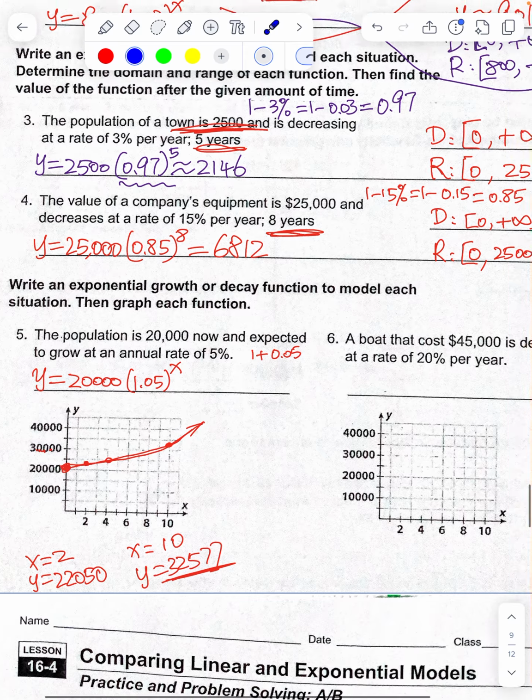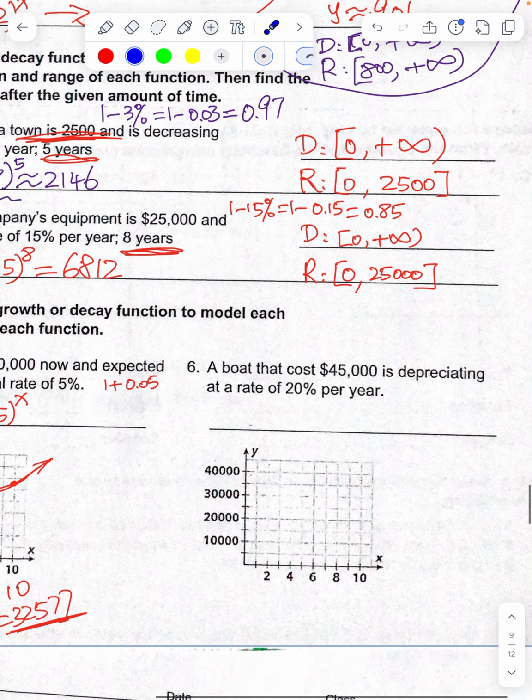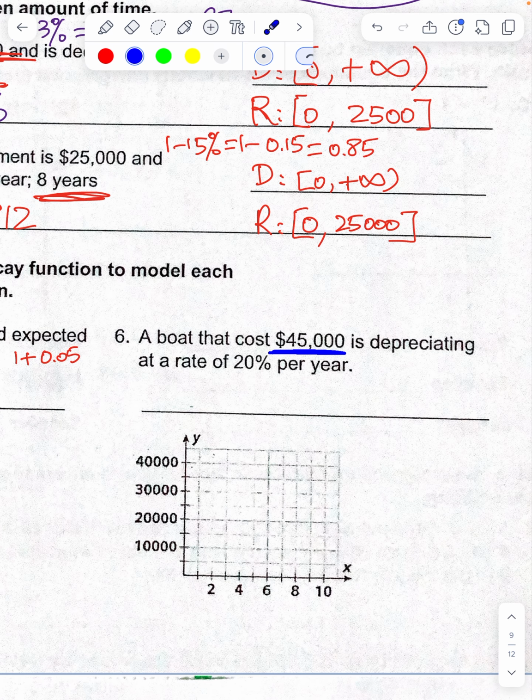Number 6, a boat that cost, this is going to decrease, right? Depreciating, that means the value goes down. Wow, 20% per year, this is a lot. So the value after first year, only 80% left, right?